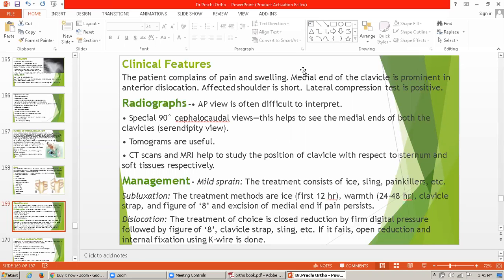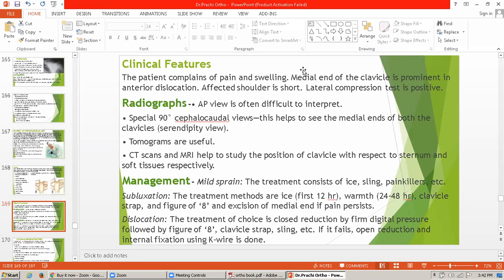Then tomograms are useful. CT scan and MRI help to study the position of the clavicle with respect to the sternum and soft tissue respectively.